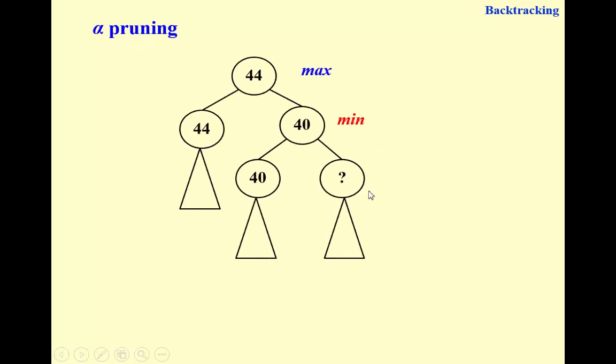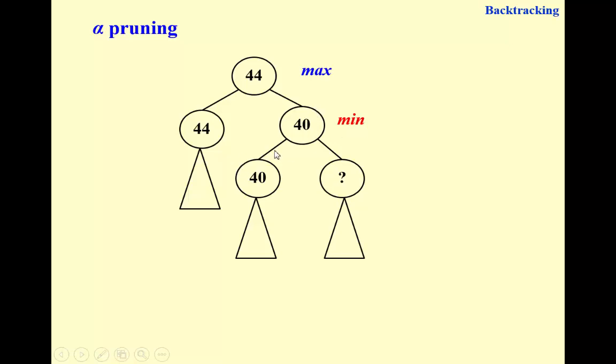First, the alpha pruning for the computer. If it's time to make a decision for the computer and we are at a situation like this, what is this situation? It means that we have already completed searching this subtree and updated the maximum value to be 44 at this moment. Then we begin to search the other subtree, and the root of this subtree is at the min level.